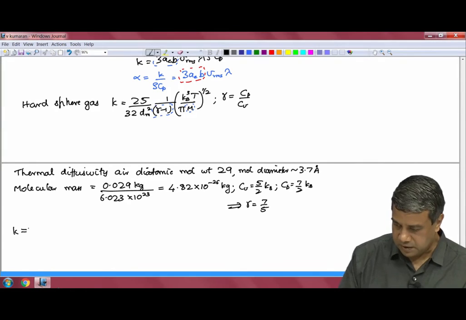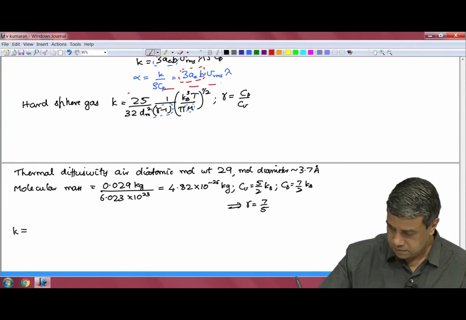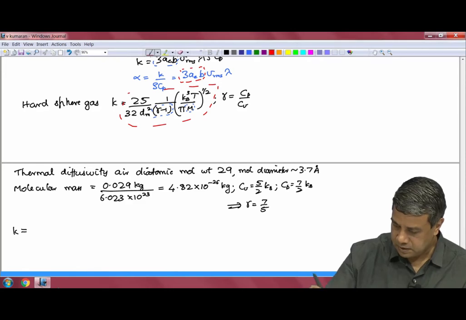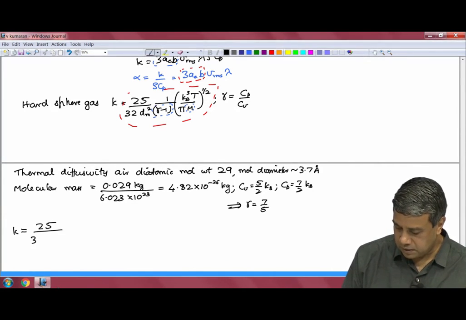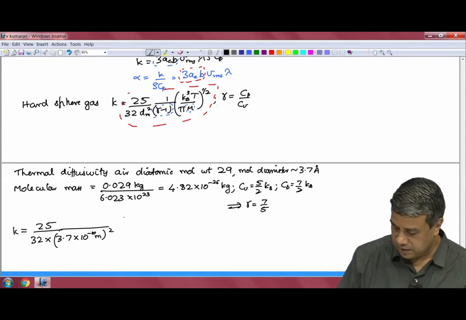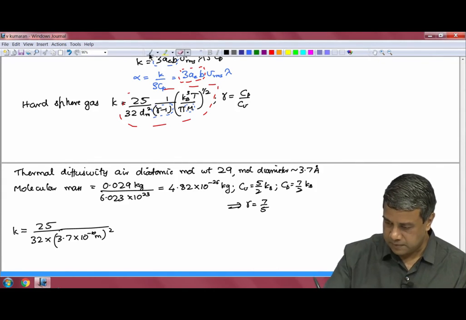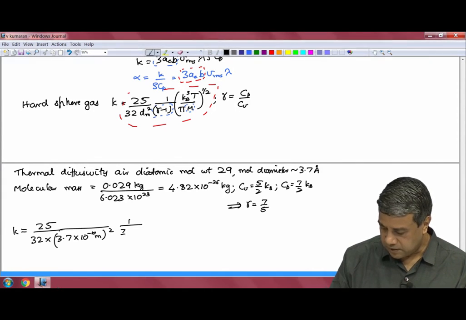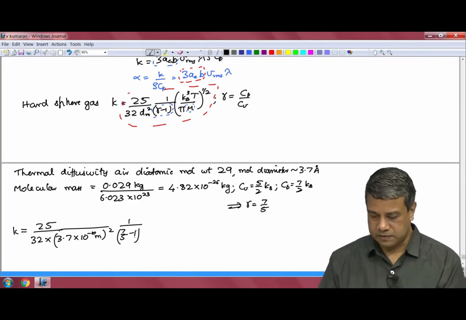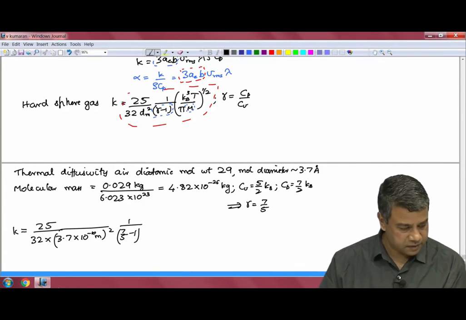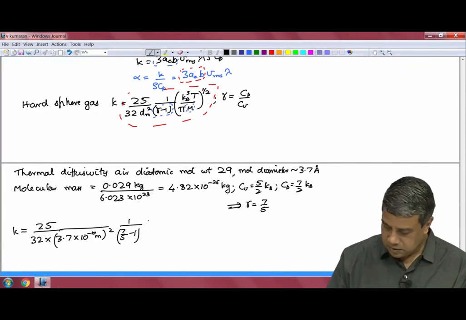And for k, we have the formula here. So, this is equal to 25 by 32 into 3.7 into 10 power minus 10 meters the whole square into k, 1 over gamma minus 1. So, 1 by 7 by 5 minus 1, that is 1 over gamma minus 1. So, this is 2 by 5, so I will get a factor of 5 by 2 there, into kb cubed.